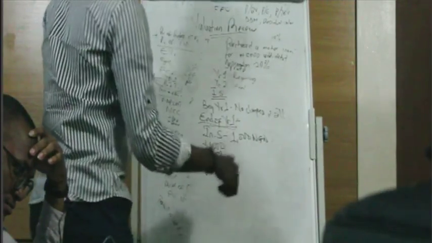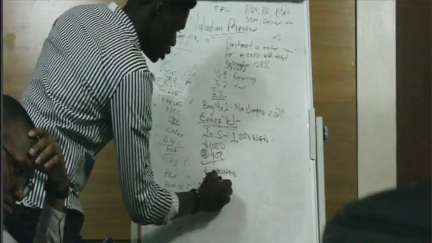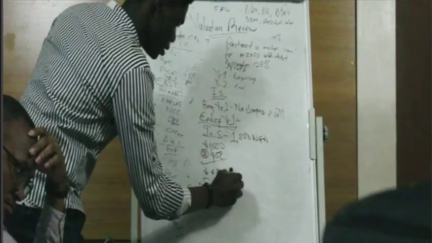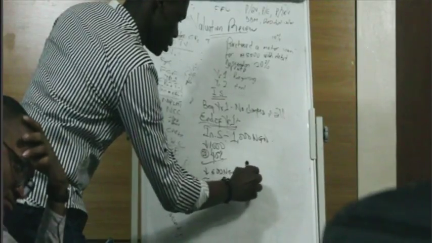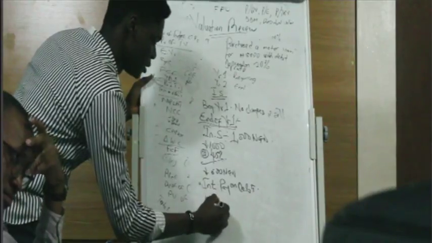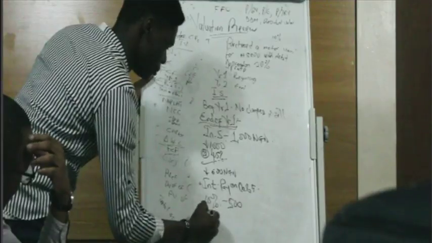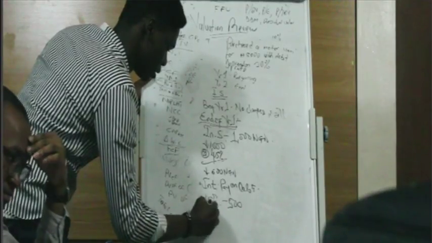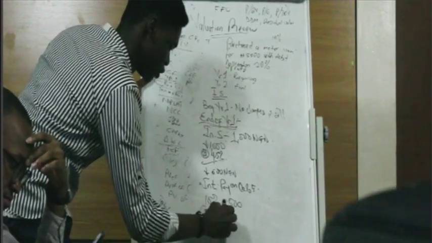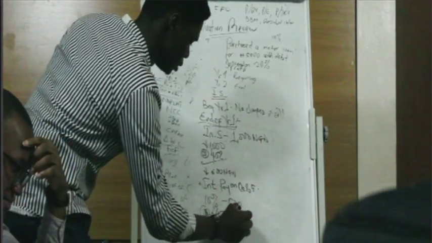Also, the interest you are going to pay on the debt is going to be 10% of 5,000 naira, which is going to be 500. With a 40% tax rate, we're going to have 200 tax.